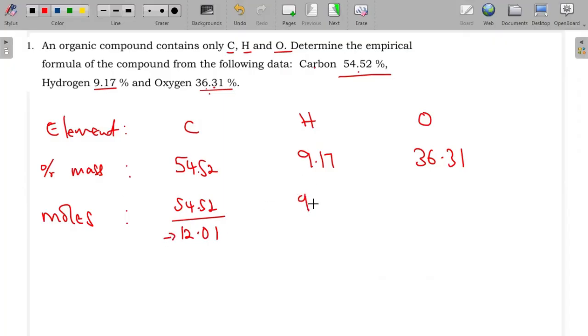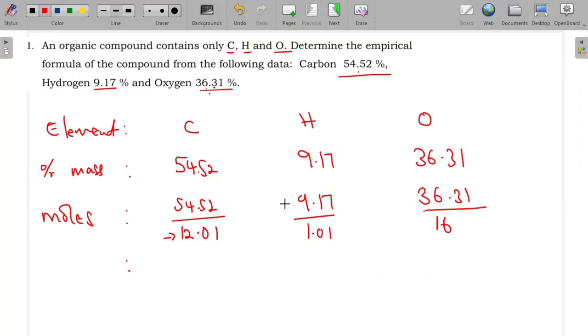This one is 9.17; the molar mass of hydrogen is 1.01, rounded off to 3 significant figures from the periodic table. Here it will be 36.31 divided by 16 for the oxygen. Now we have to divide these to find the values.